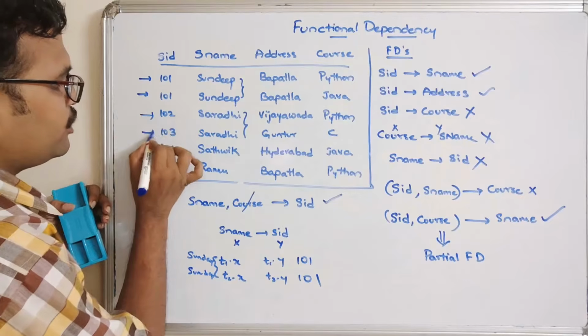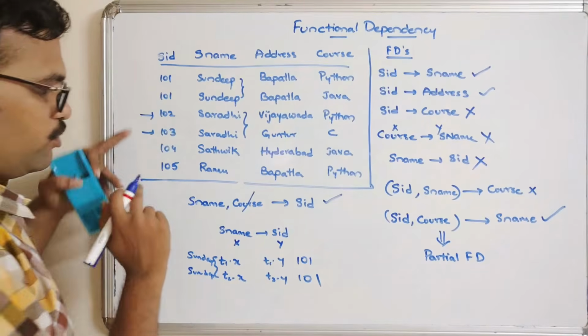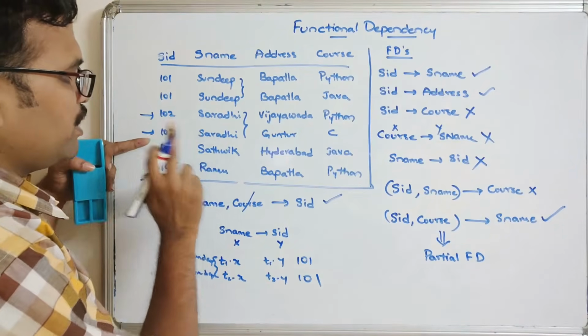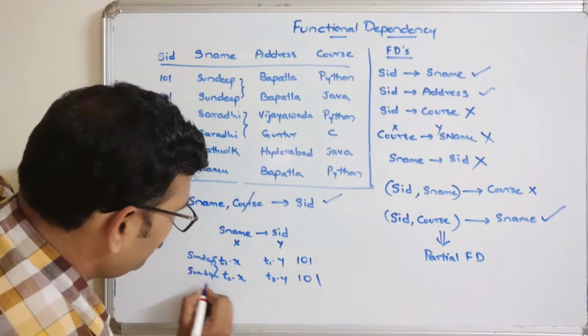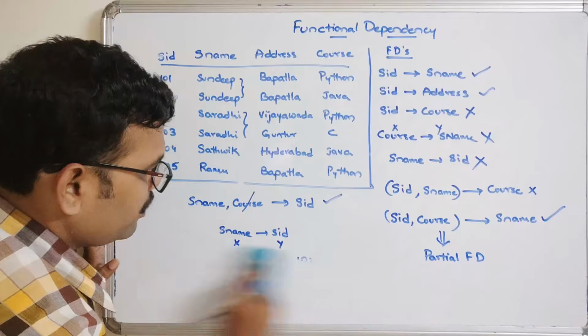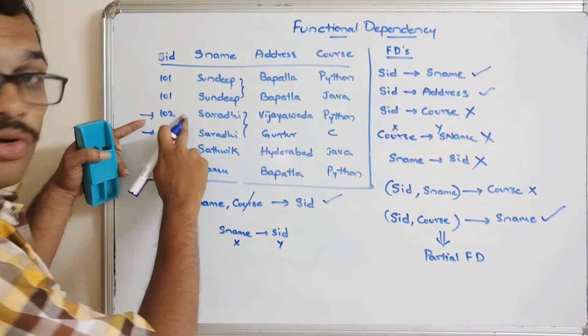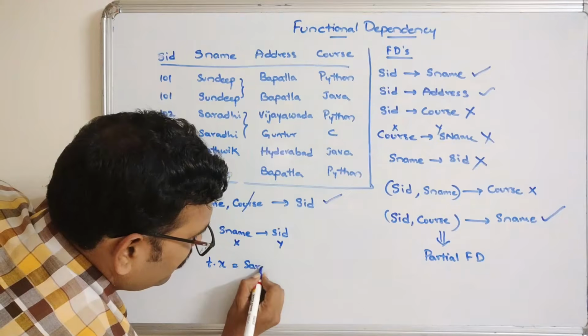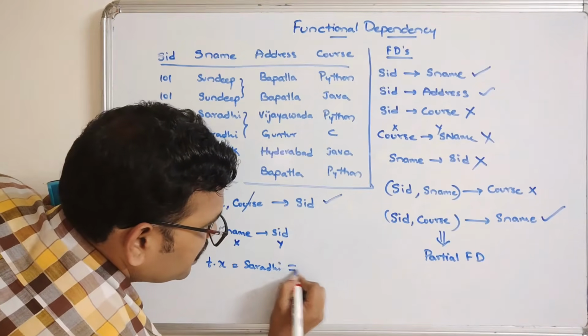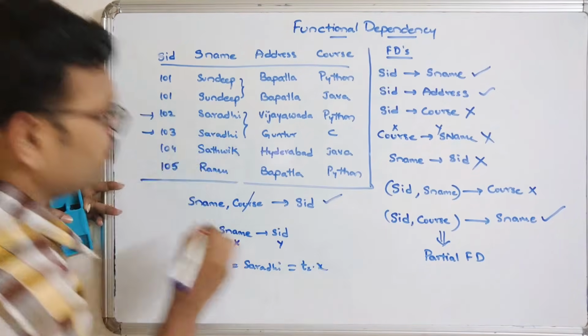So let us take these two things. Now let us consider these two, 102, 103. So the name T1.x is Saradhi. If you consider these two tuples, 102 and 103, T1.x is equal to Saradhi, which is equal to T2.x also, right?